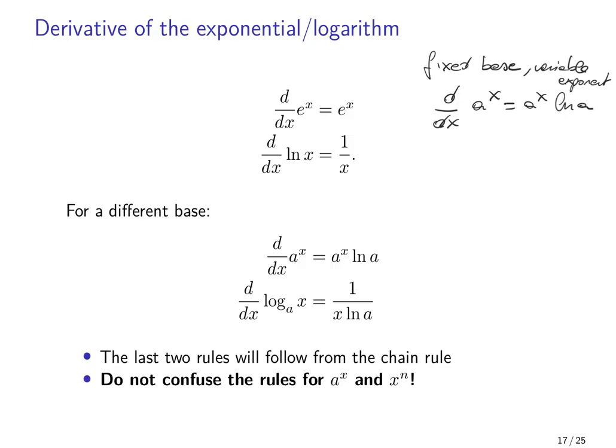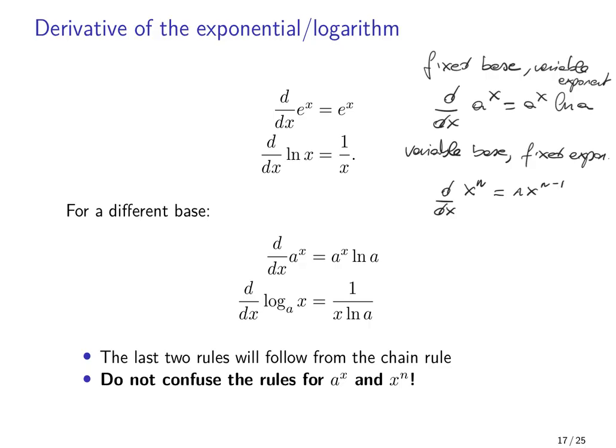But for x to the power n, the derivative is n times x to the n minus 1. So this is when the base is a variable, but the exponent is a fixed exponent. So you see the rules are quite different. Make sure you use the right rule in the right circumstances.